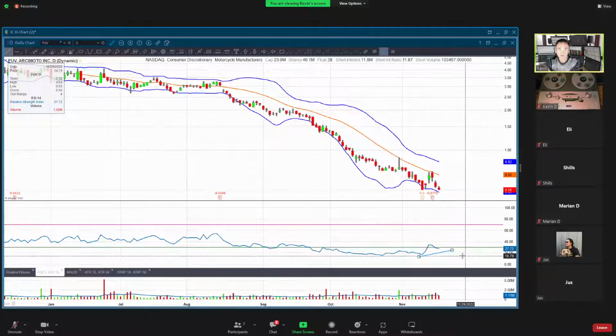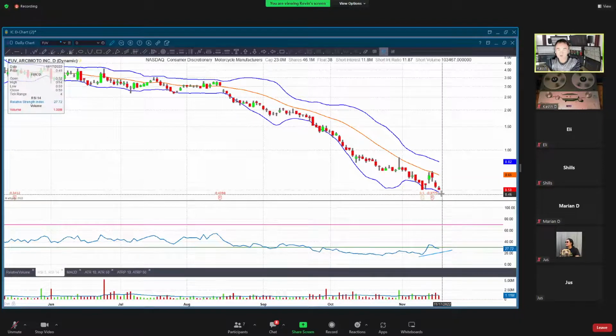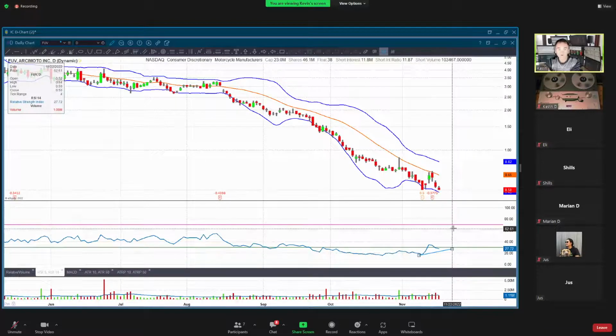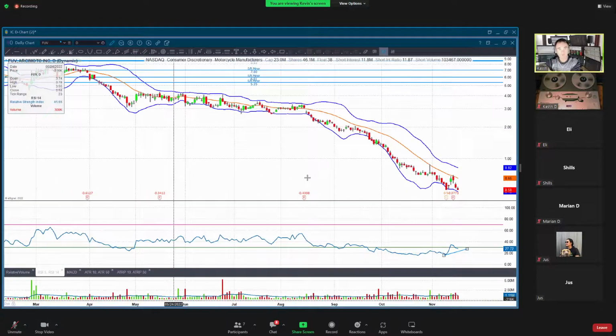I suspect that if price came down to say 45 cents, 46 cents, RSI is definitely going to be above this line, so that line will still be sloping up. We'll have the divergence. We may want to consider getting in, but this trade is sketchy.